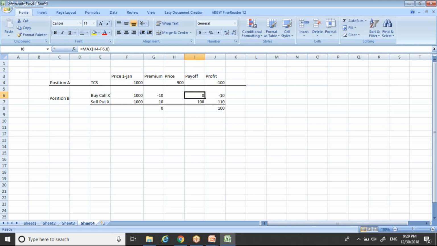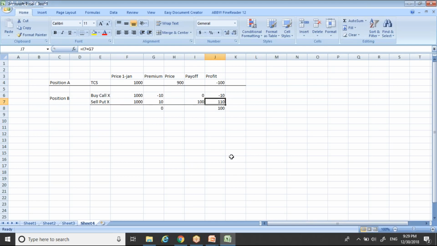Now there is something wrong here because call will give you a limited loss. Buying call, it goes down, it gives you 10 rupees loss. Selling put will give you a loss of 100. It's not profit of 100, it will give you a loss.